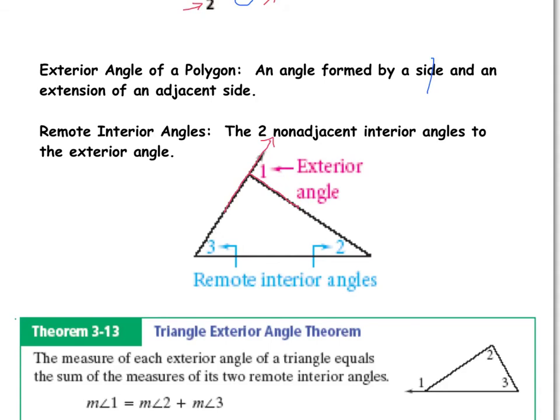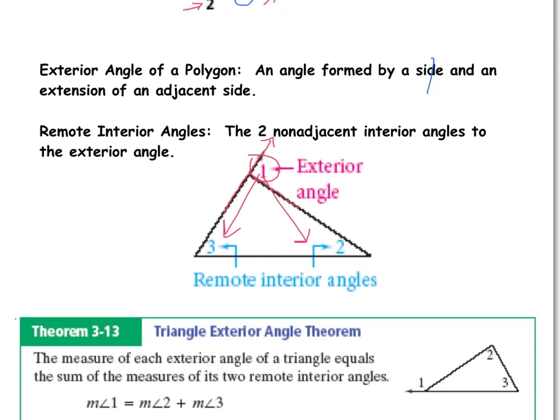A remote interior angle is two non-adjacent interior angles to the exterior angle. So using the same picture, here's your exterior angle. It's the two interiors that are not touching that. They're across from it. A silly way to remember it is when you're sitting on the couch, generally your TV's across from you and you use the remote on the TV. So if that helps you remember where the remote interior angles are, then good. If not, I'm sorry. It's the best I got.